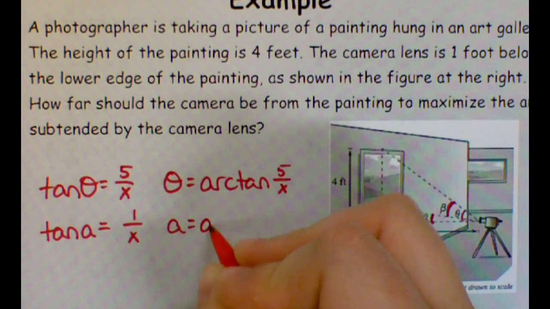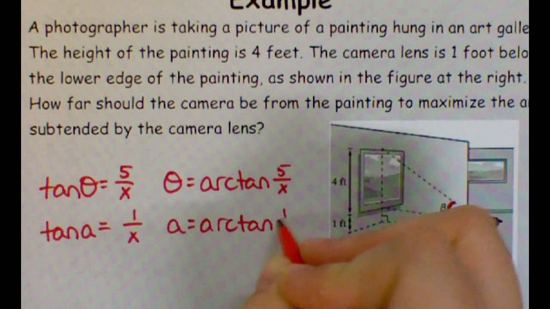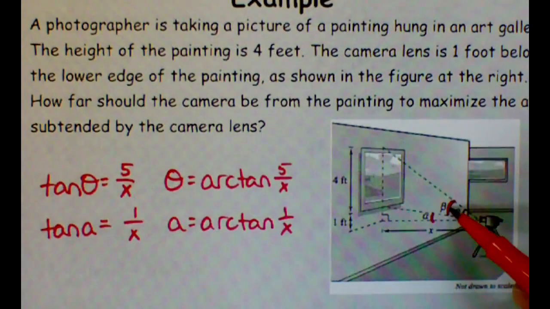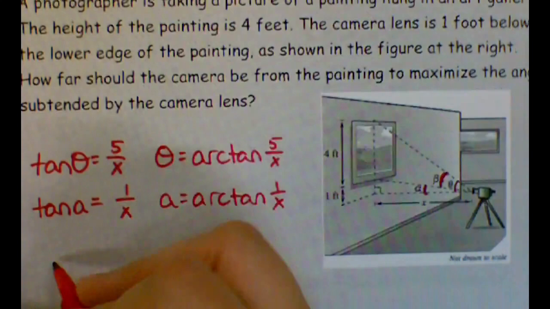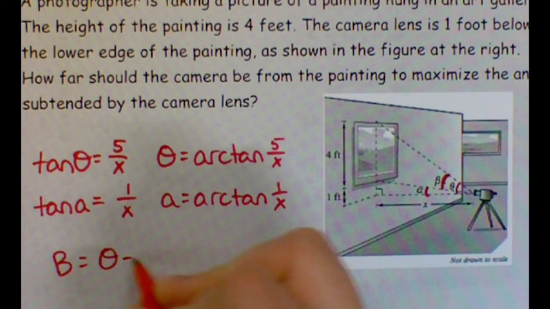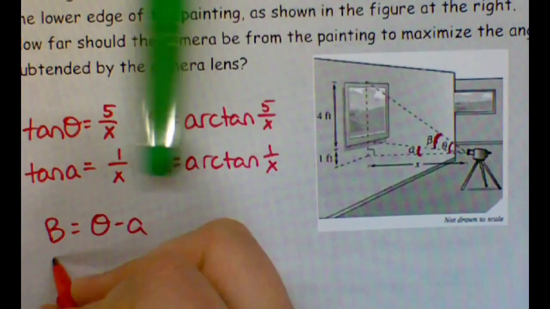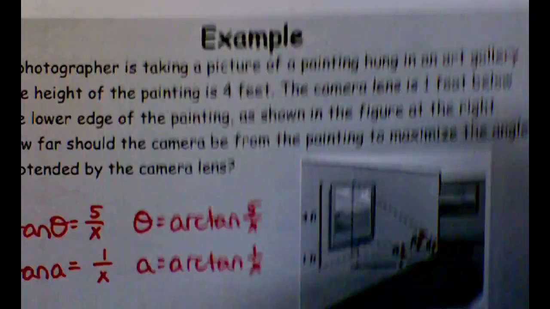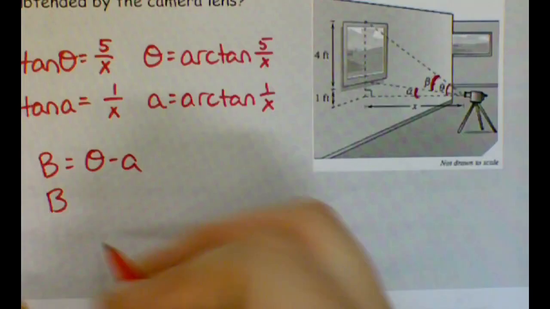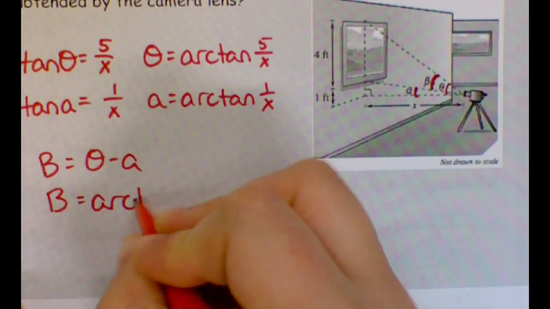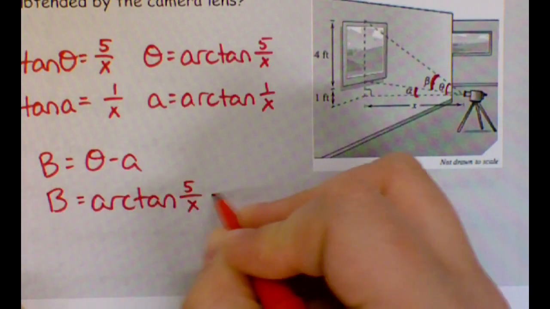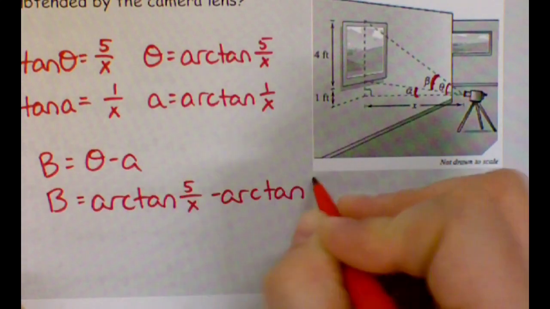Alpha is the arctangent of 1 over x. And I know B is theta minus alpha. So that means B is the arctan of 5 over x minus the arctan of 1 over x.